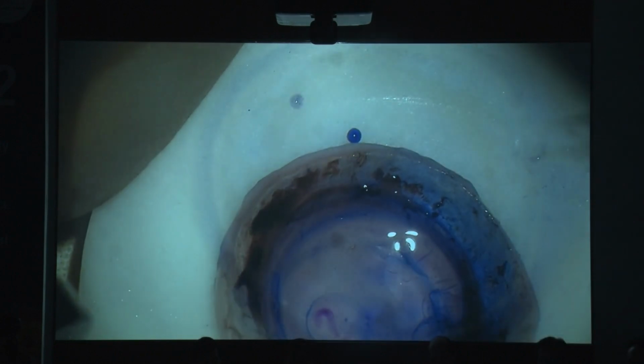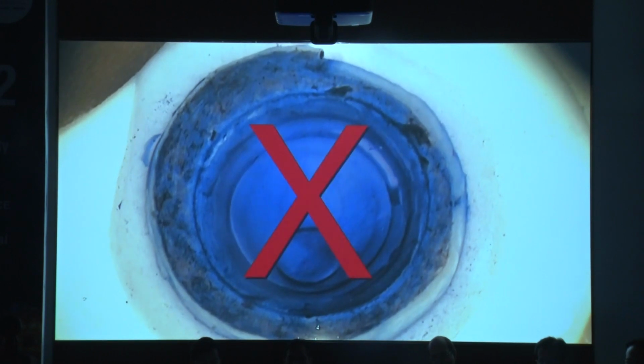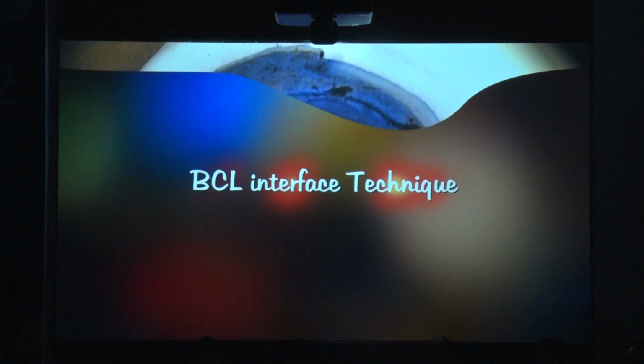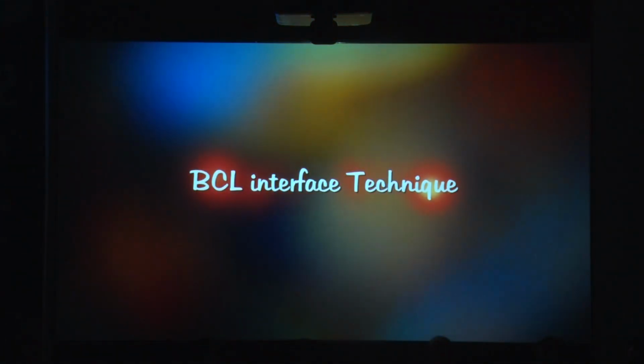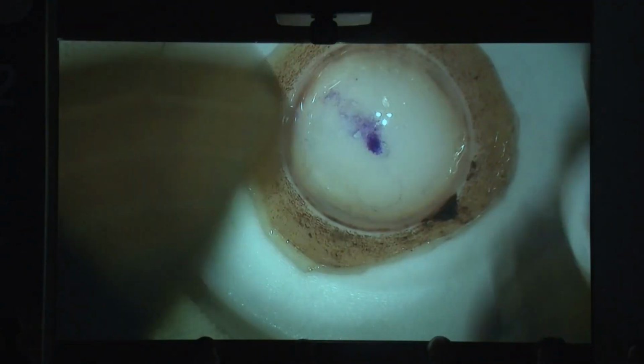And naturally, after the window is made, the anterior part of the tissue cannot be used for DALC or other surgeries. In the novel technique using BCL interface, we modify some of these steps.